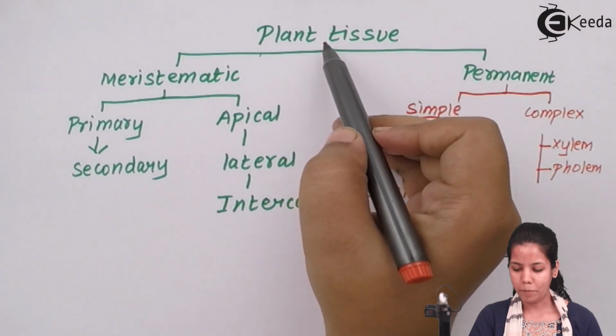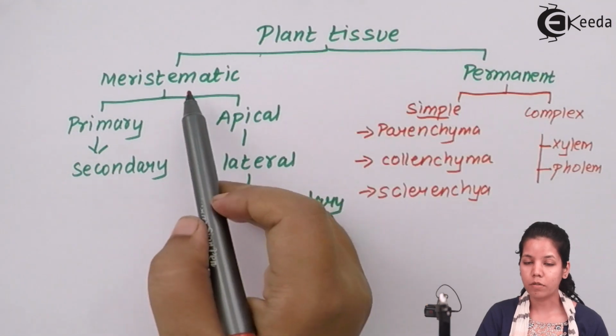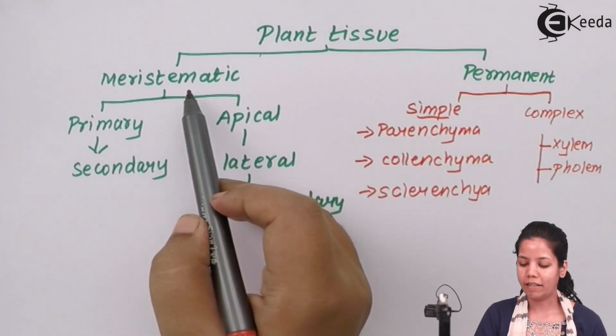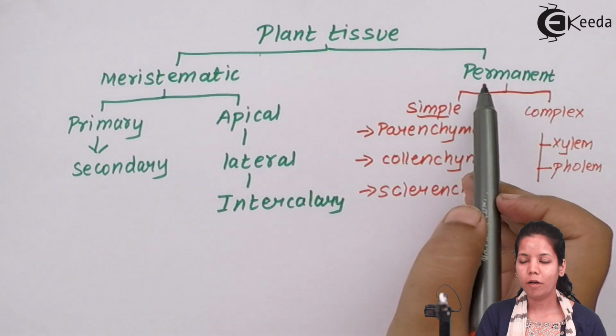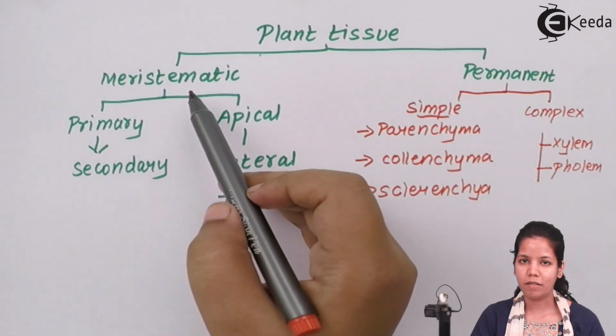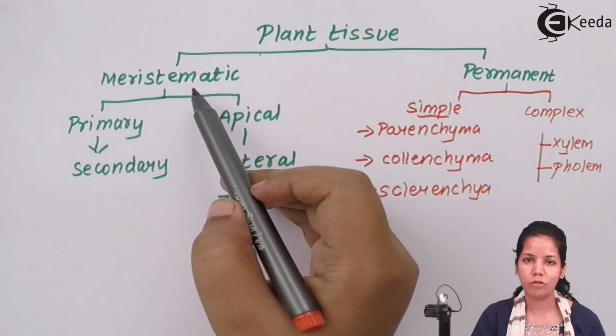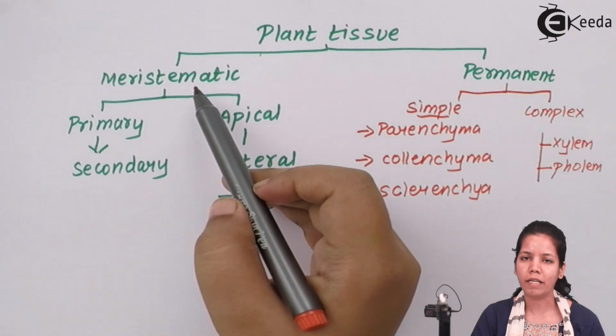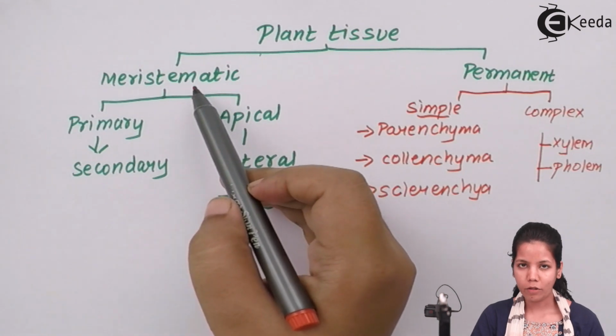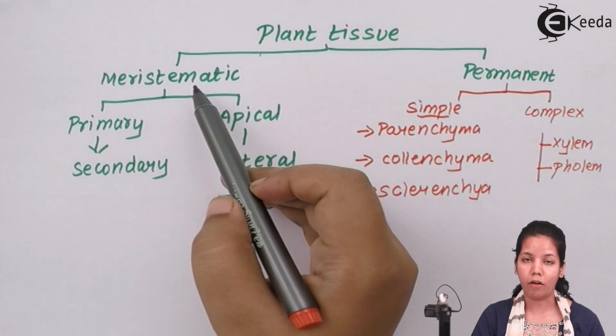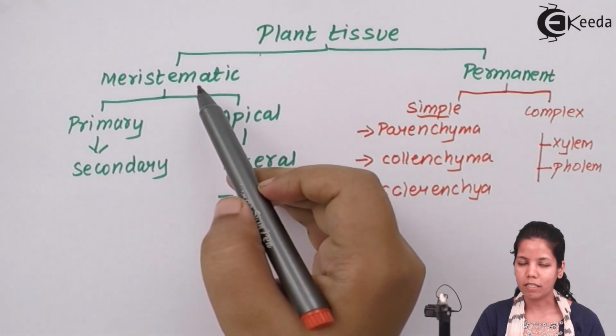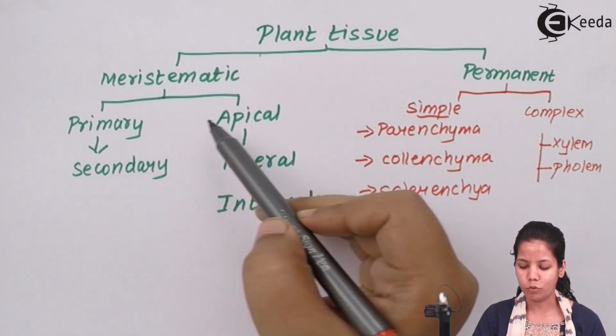Plant tissues can be basically divided into two different forms. One is meristematic tissues and another type is permanent tissue. Meristematic tissues were the first tissues that originated or formed inside the plant. Depending upon the place where meristematic tissues are formed, on the origin basis, they can be divided into types.